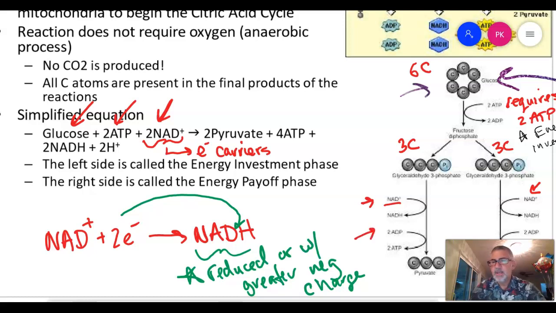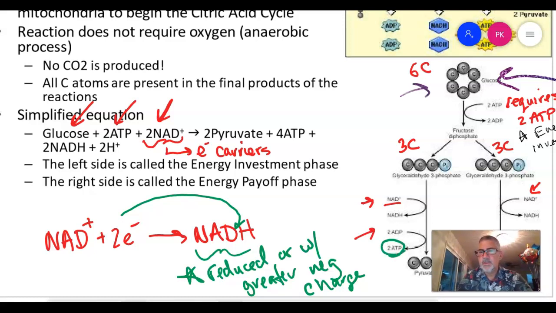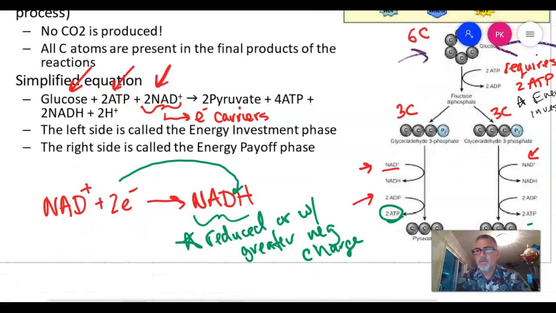I put in 2 ADPs here, and I make 2 ATPs. So I make 2 ATPs here and 2 ATPs over here. So that's my total of 4 ATPs.